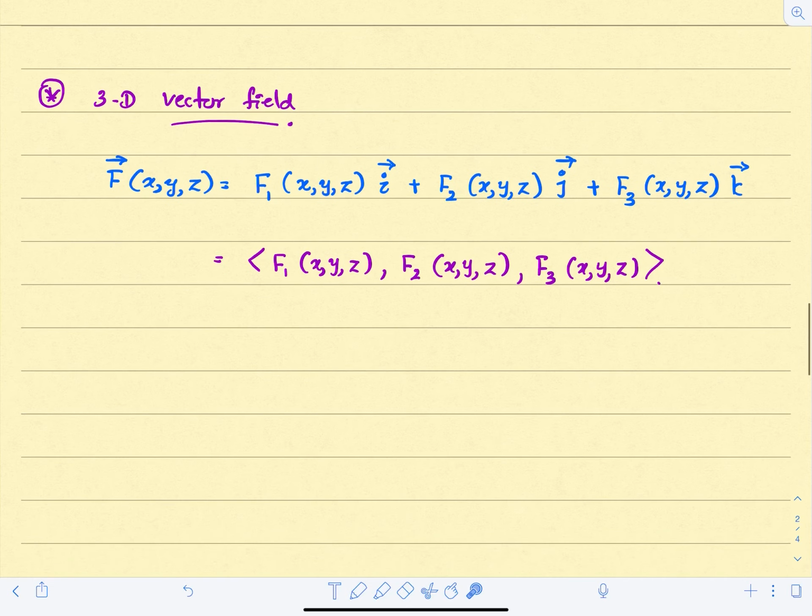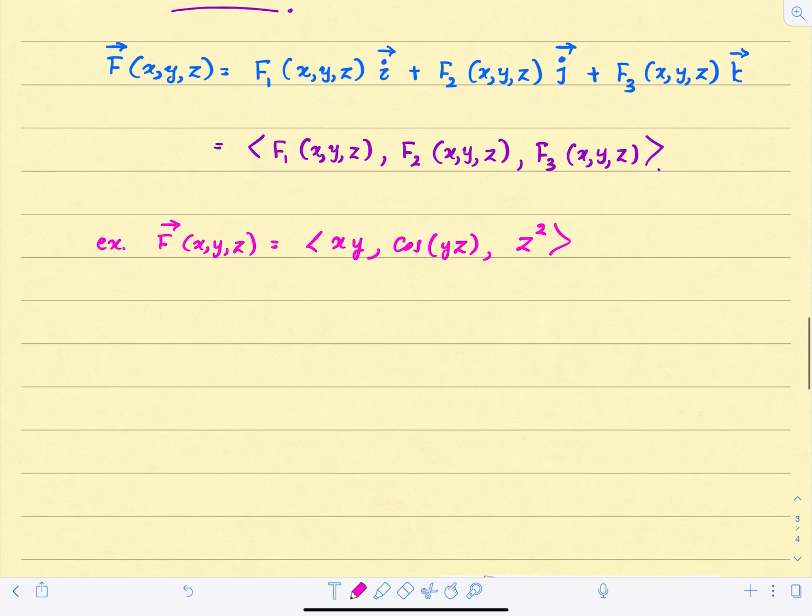As an example, let's say the first component is xy, the second component is cosine of yz, and the third component is z squared. This is an example of a vector field in three-dimensional space.